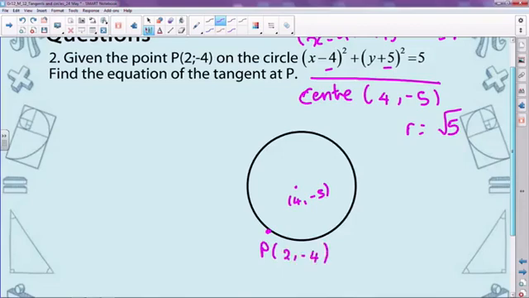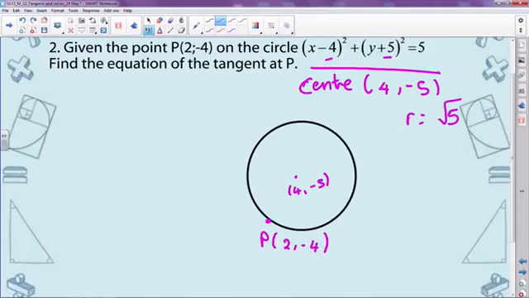We know that it's a tangent, so it touches the circle at just one point. So if I draw a line in, we've got that line touching at this point, P. They said, find the equation of this tangent.